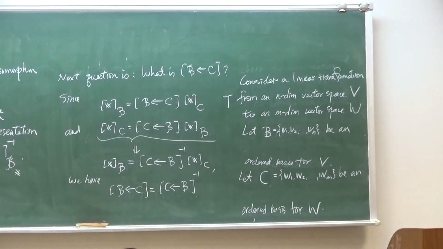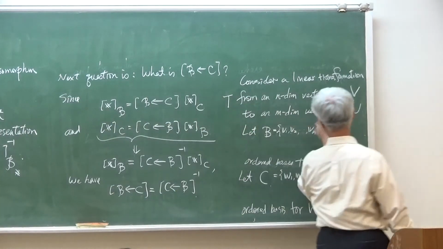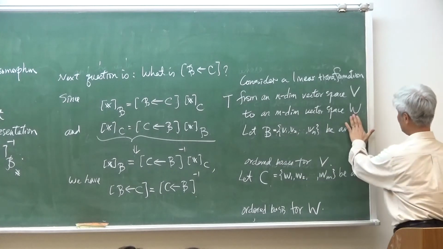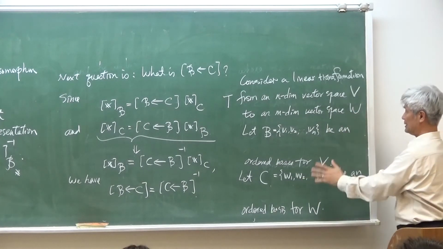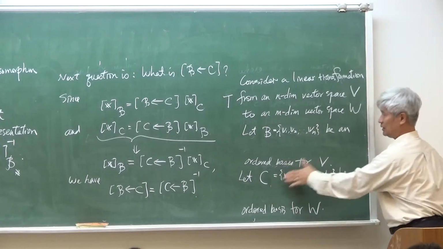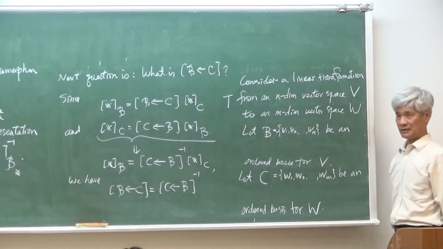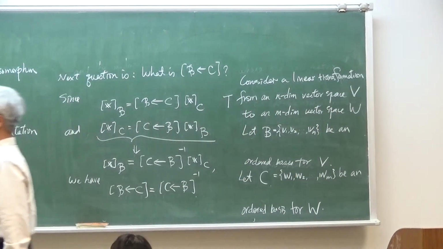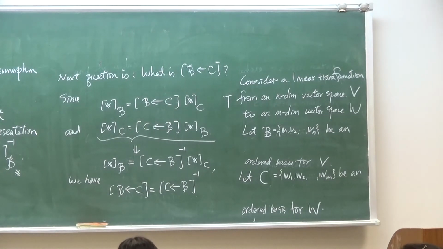All right. So now, in the vector space V, I establish a B coordinate system. In the vector space W, I establish a C coordinate system. Okay, that is what I want. Good.